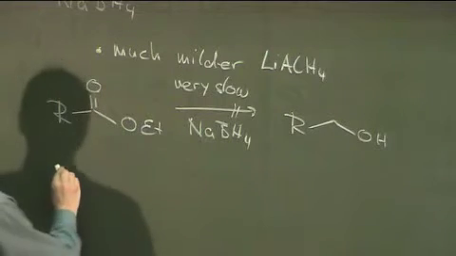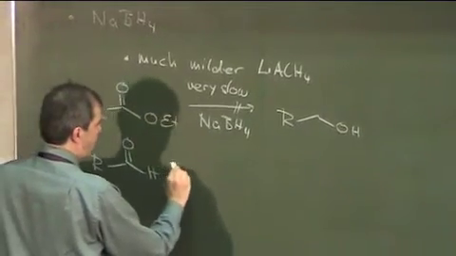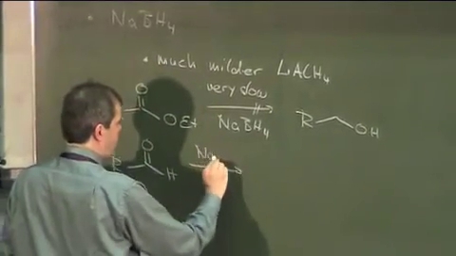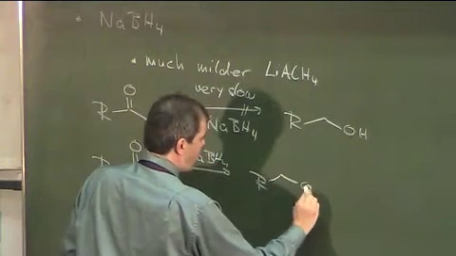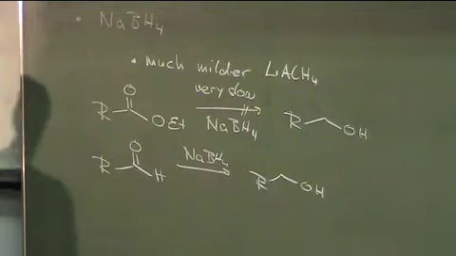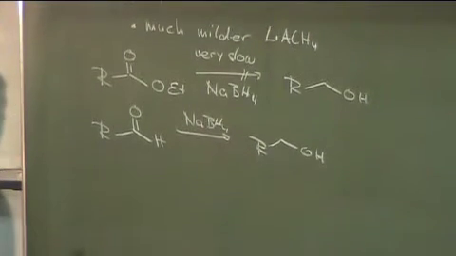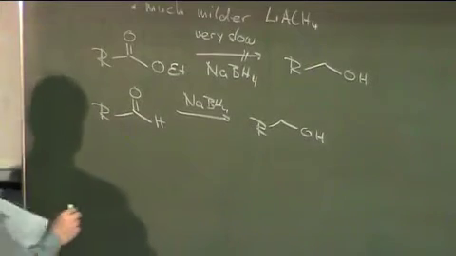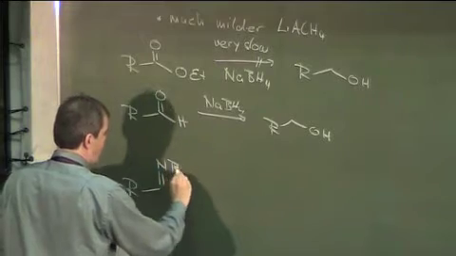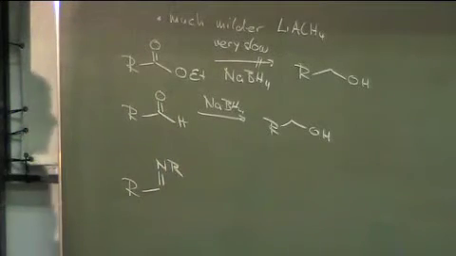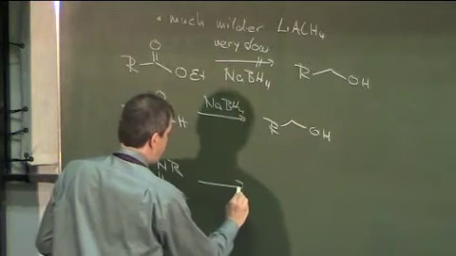While in contrast to this, aldehyde compounds with sodium borohydride, or ketones, react well to the corresponding alcohols here. And another class of compounds which works well with sodium borohydride are imines.